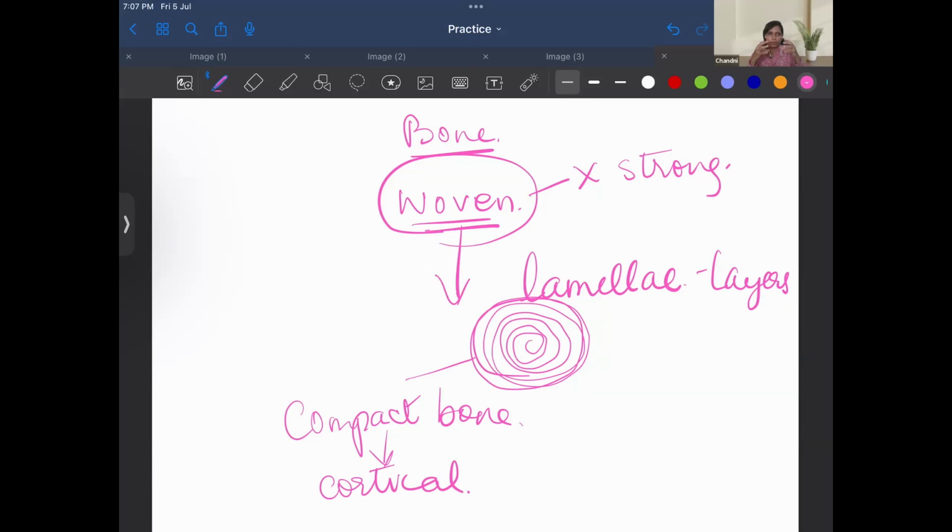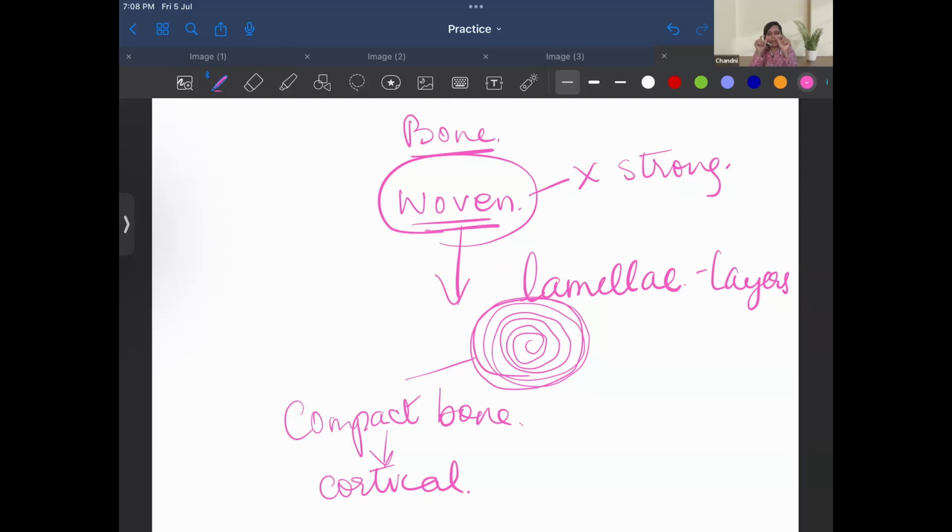If you've seen the structure of a bone, this is actually bone marrow that you see in long bones. The outer part of the bone is compact because that part should be strong.